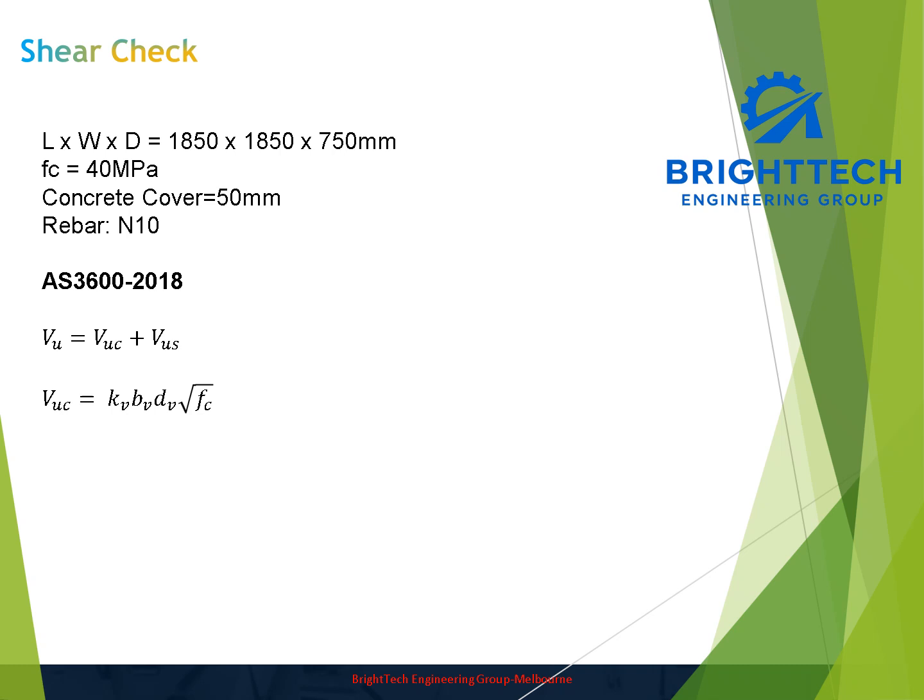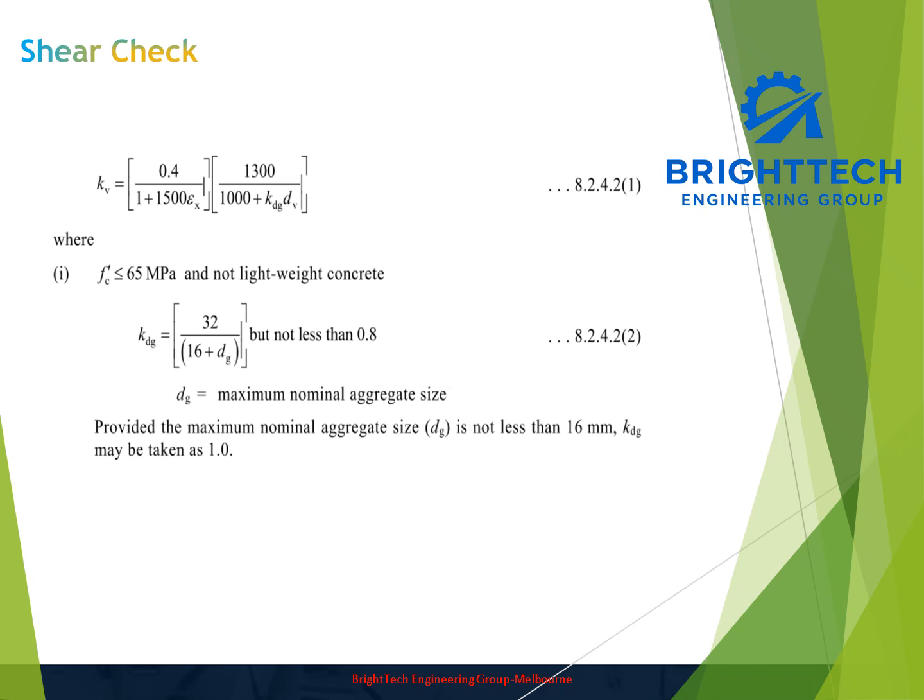The shear capacity based on AS 3600 can be found by VU, which is VUC plus VUS. C is the shear capacity of the concrete section itself, and S is for steel.